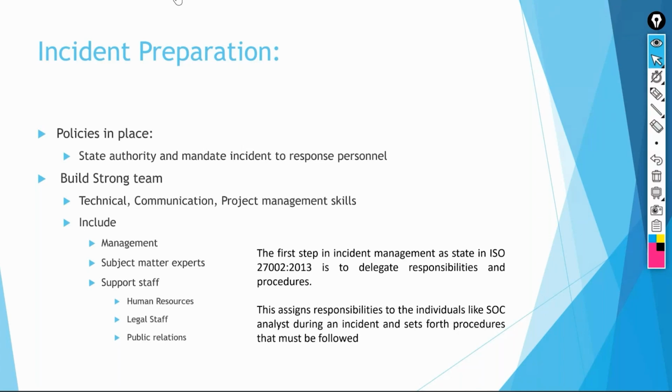So we cannot have an immature person involved in incident management or incident preparation. Subject matter experts who know what to do with the incident need to be employed in the incident preparation phase. We also need to have communication, people from the senior management, and people from support staff like HR, legal staff, and public relations.